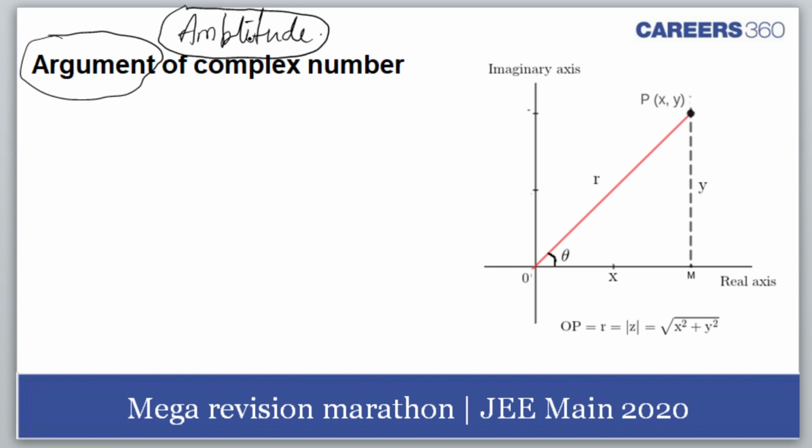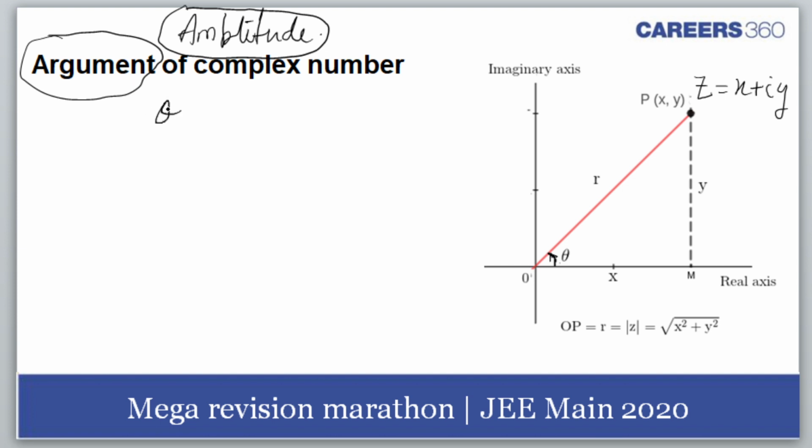Sometimes we use argument, sometimes we use amplitude. Now, whenever z is plotted on an Argand diagram, that is z is equal to x plus iota y, whatever is its inclination with the x-axis, whatever that theta is, that is the argument or amplitude of the complex number. No, these are not the same thing, Ayush.